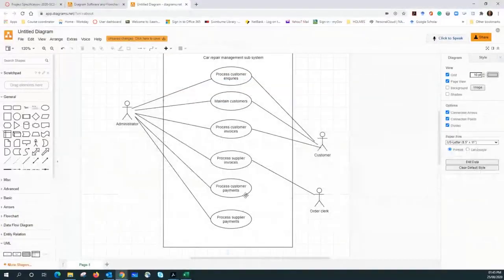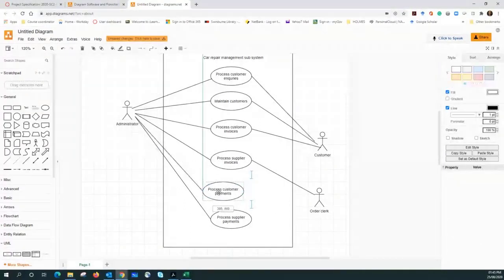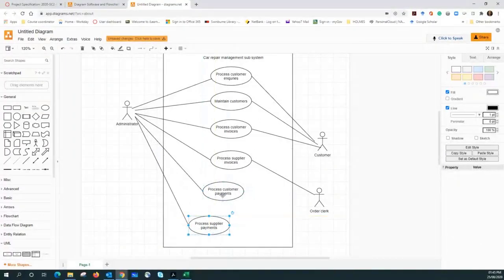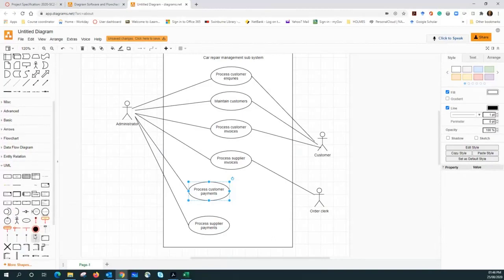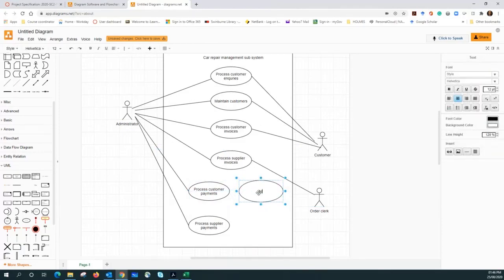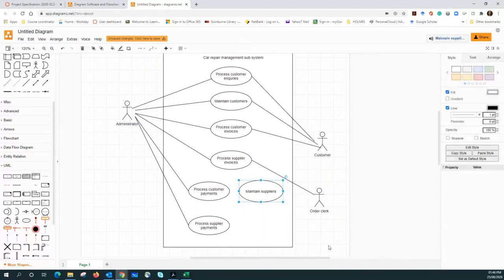So you can place that somewhere here, right? So I have another use case. Where is my use case box here? So I can put a use case saying maintain suppliers, right?